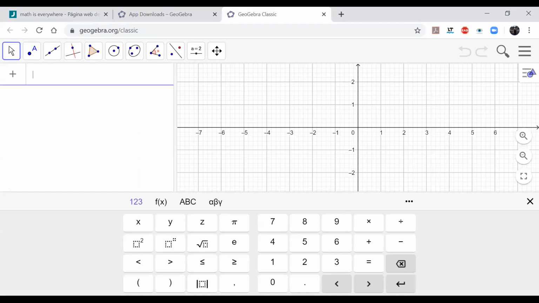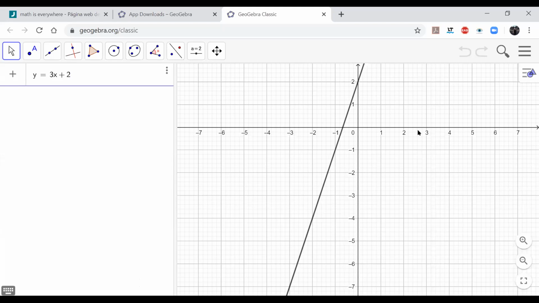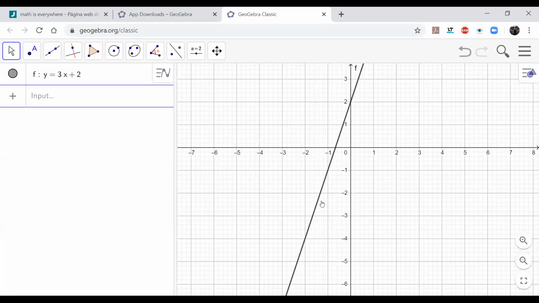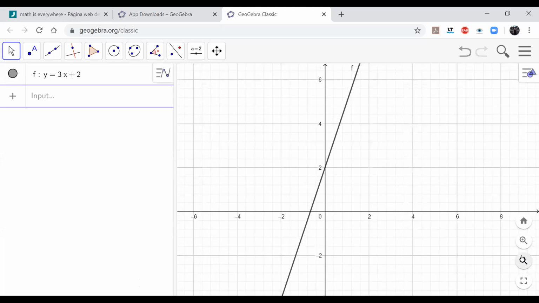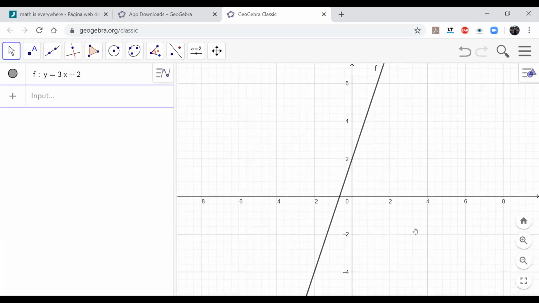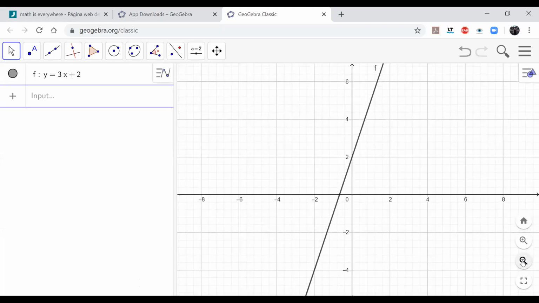Now, Ms. Herrera, your question was, how can I graph more points in the equation y is equal to 3x plus 2, right? Over here, you're going to be able to see that I have the graph of the equation we were mentioning before.